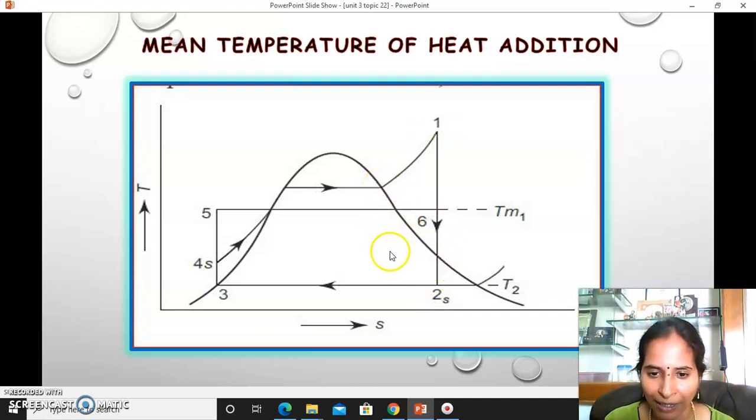From here you would be getting wet steam at this point, right? So turbine blades would have all sorts of problems raised by the water particles, since the condition is wet steam. But now it is very close to the dry saturated point because of the use of superheat.